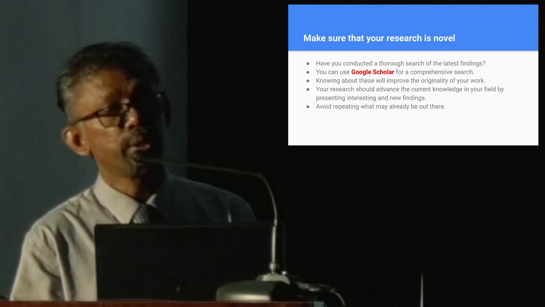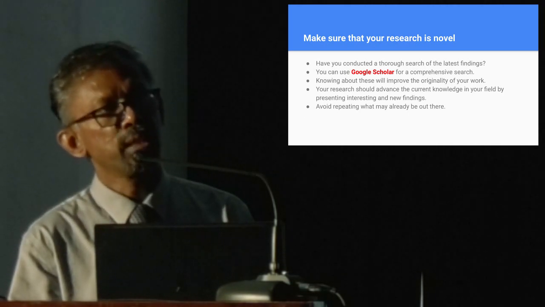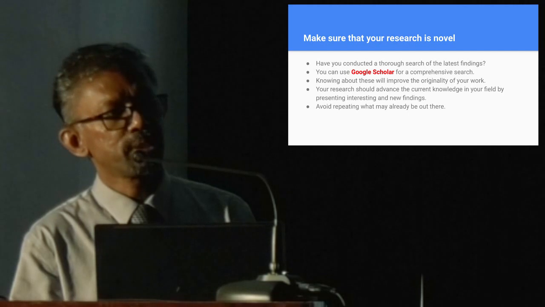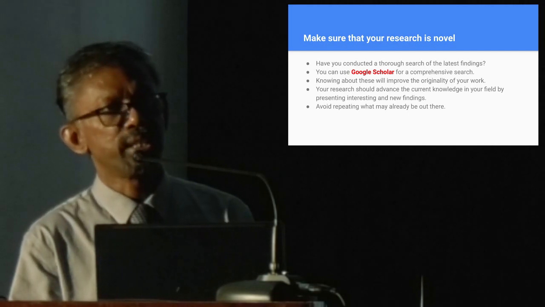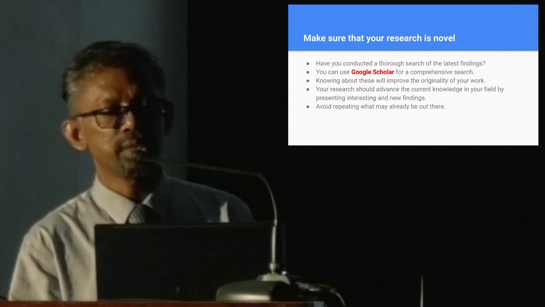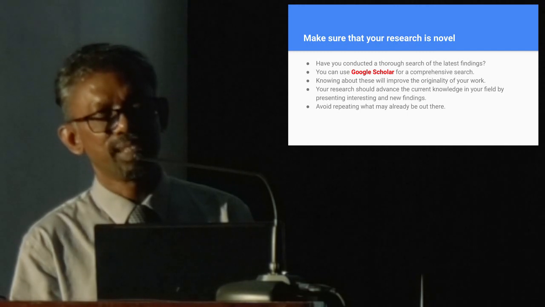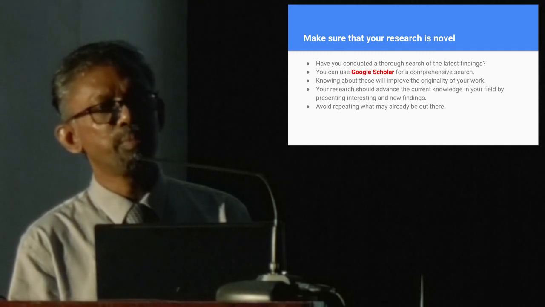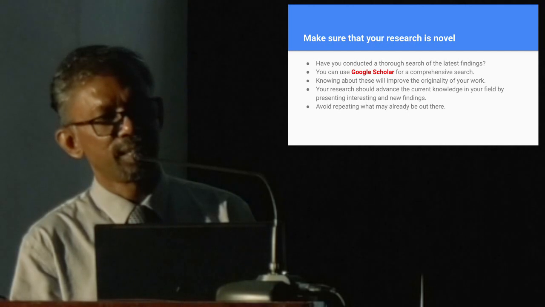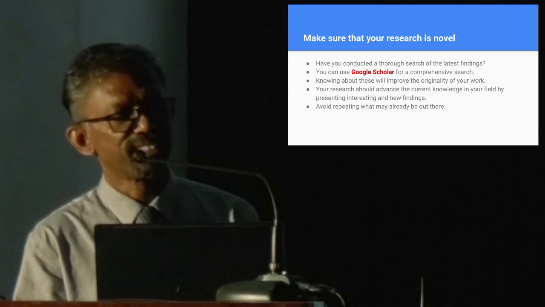Now, if you look at what happens nowadays in the area of machine learning, there's a huge number of papers being produced every day. And most of the time what you see is numerically insignificant improvements. So the accuracy improves from 86% to 86.5%, like that.